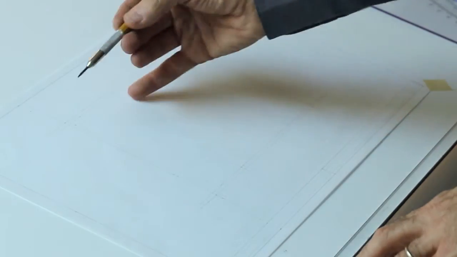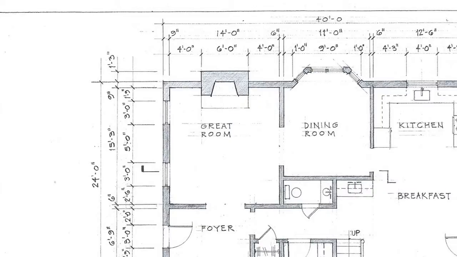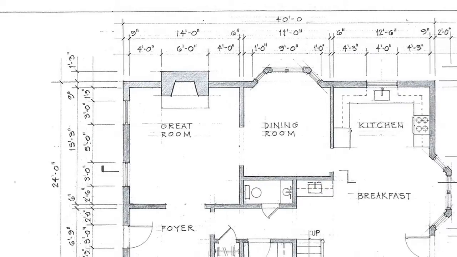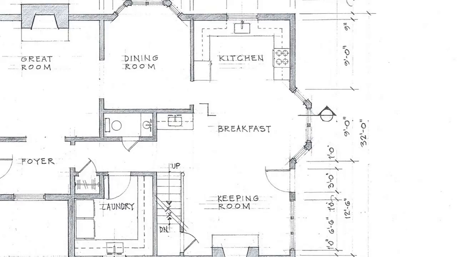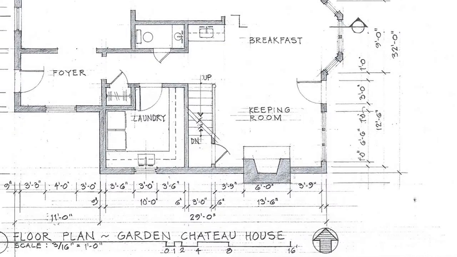We can go and add now the configurations, the block for the fireplace, the bay window to the east, and the block of the fireplace here.